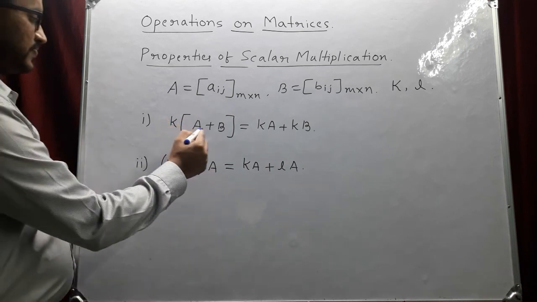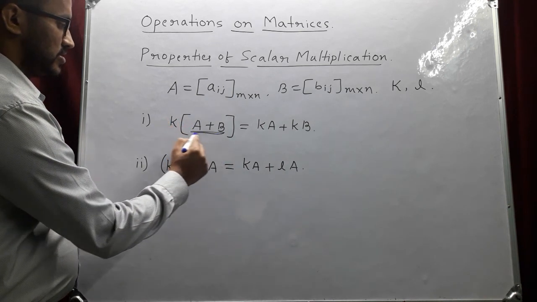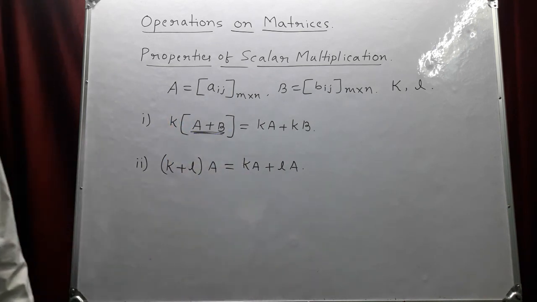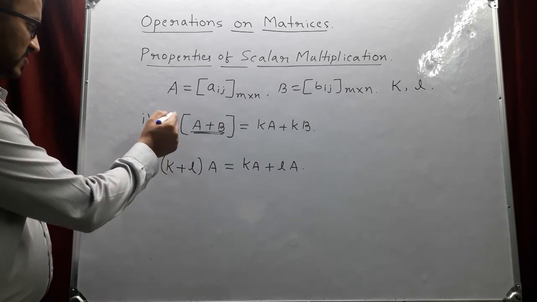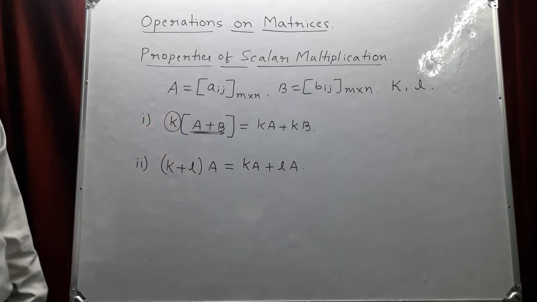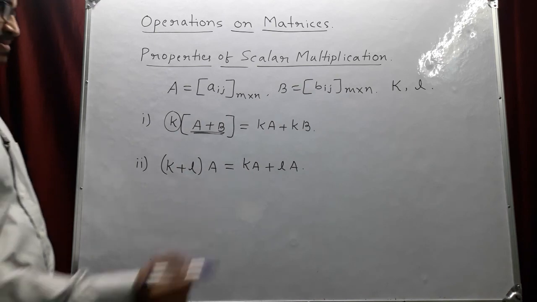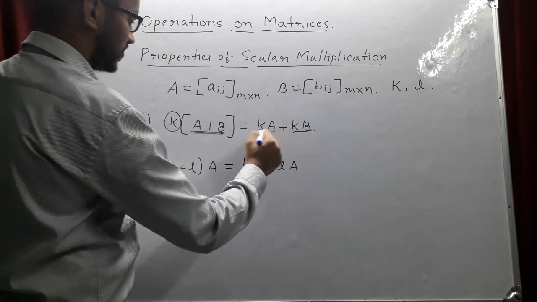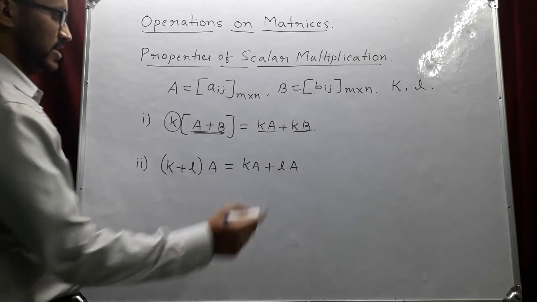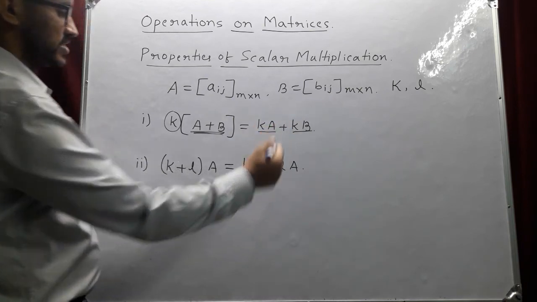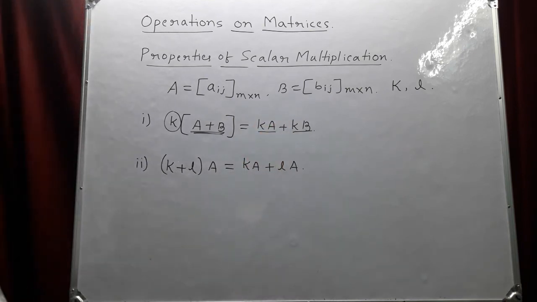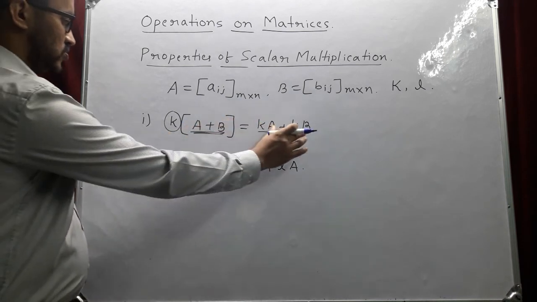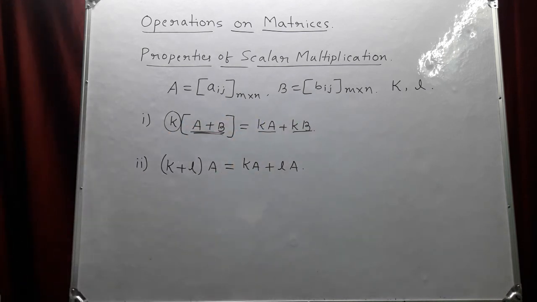First property, if we add two matrices of the same order and then multiply by some scalar quantity k, that is the same as multiplying each matrix by the scalar k and then taking the sum of those two matrices. Both values will be the same.